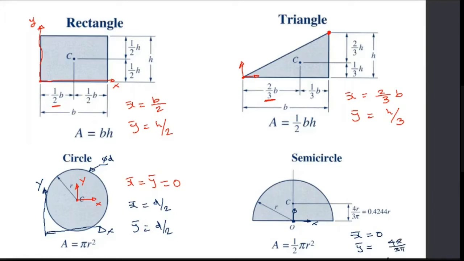If I change my location, based on that you will get d by 2 or r for x bar, but y bar is again the same, 4r by 3 pi. There is no difference in your y bar. So based on different locations, you can see what the centroidal distances are, right?